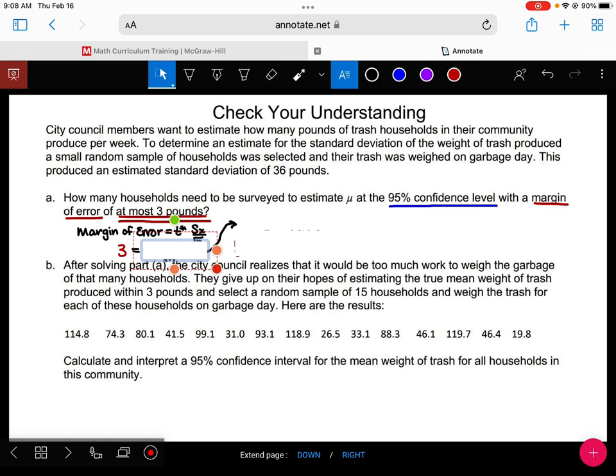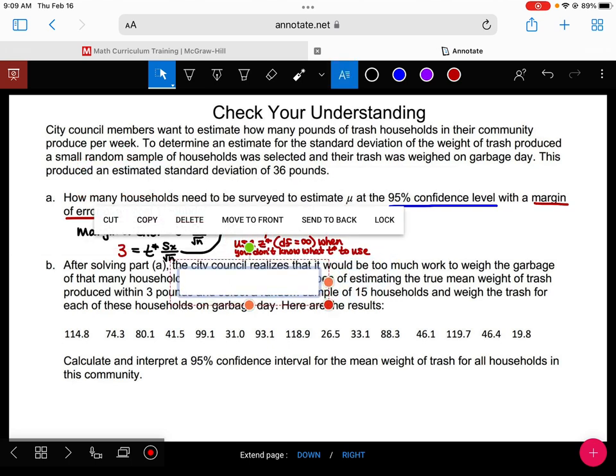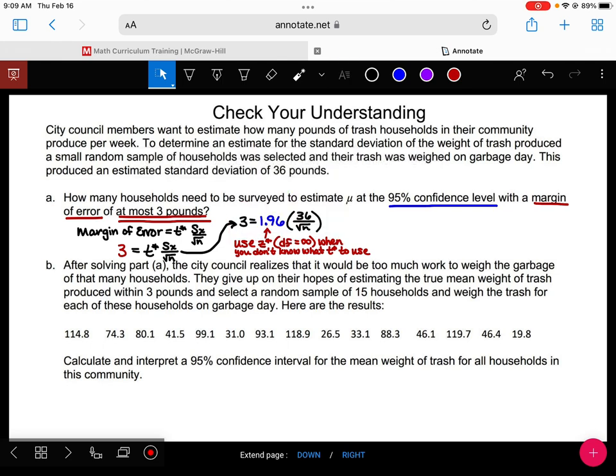If I don't know what T star to use, and in this case I don't because I don't know what n is, we're going to use our Z star, which is down in that very last row where it's the infinite degrees of freedom. So we're going to use 1.96. We have the standard deviation from right here, but we don't have n.